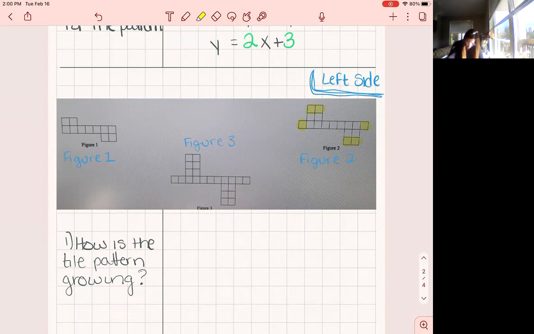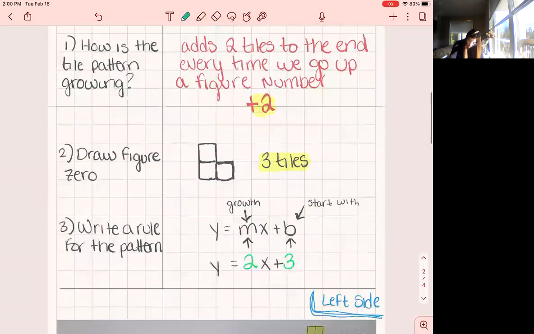So then over here, it grows the same way. And so we're going to say that this tile pattern adds 1, 2, 3, 4, 5, 6.